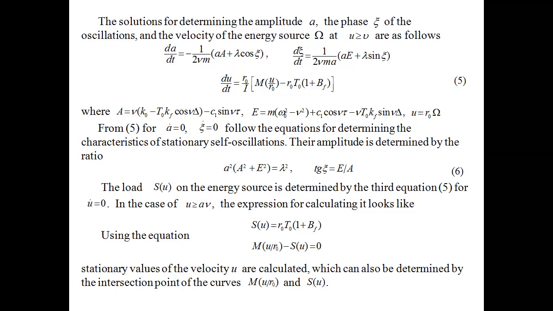In the case of u greater than or equal to AV, the expression for calculating it looks like the next ratio. Using the equation M minus S is equal to 0, stationary values of the velocity u are calculated, which can also be determined by the intersection point of the curves M and S.